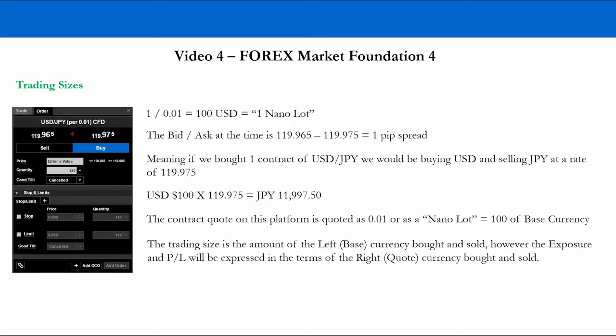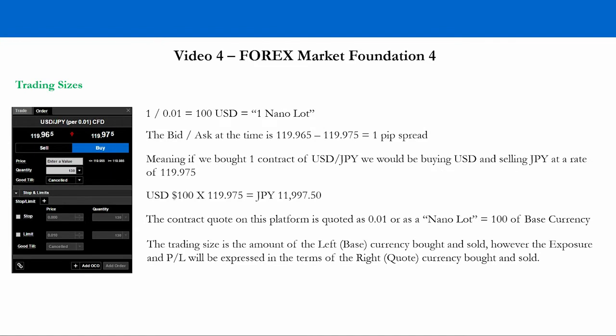So imagine if we calculated our pip value here incorrectly in this example, and let's say we wanted to have an exposure in this currency pair that's equivalent to 1 million Japanese yen.